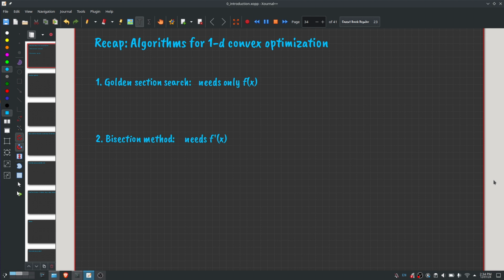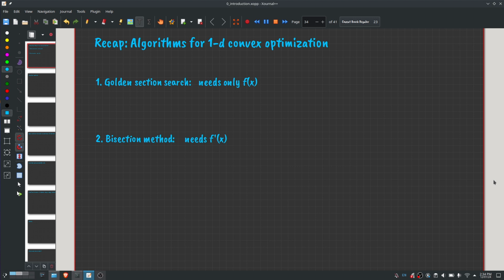Okay, so let's start. In the last class, we were looking at two algorithms for one-dimensional convex optimization. These are essentially search methods where you start with some range over which you know the minimum exists, and you iteratively try to reduce this search space by some factor.